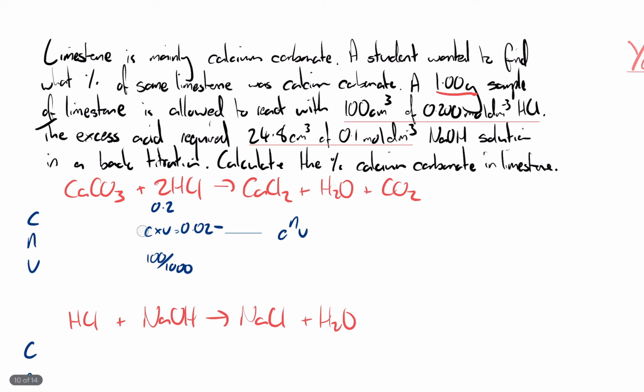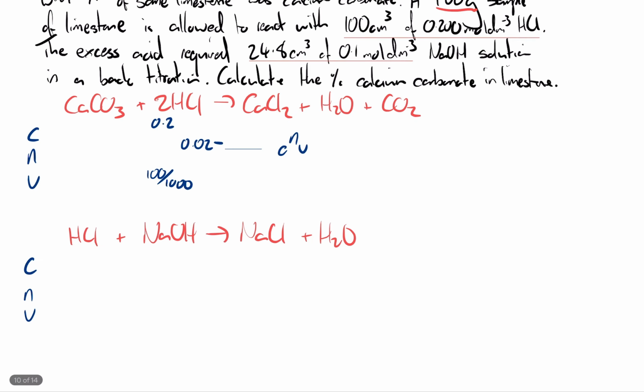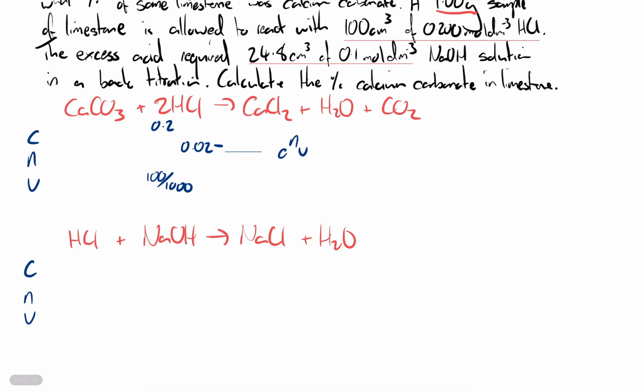So to do that, we look at the information from our titration. Here we're told we've got 24.8 centimetres cubed of 0.1 moles per decimetre cubed of NaOH. We've got 24.8 over 1,000, times 0.1. So very simply, we do C times V again to work out our moles of NaOH, and there we get to 0.00248.